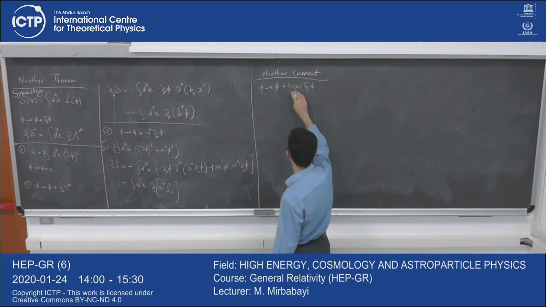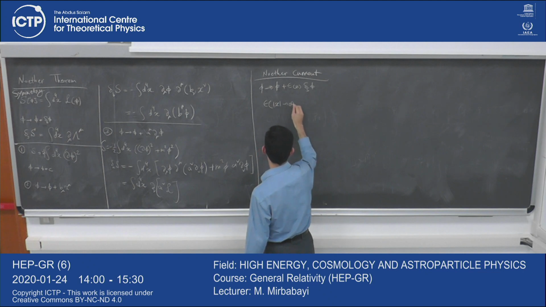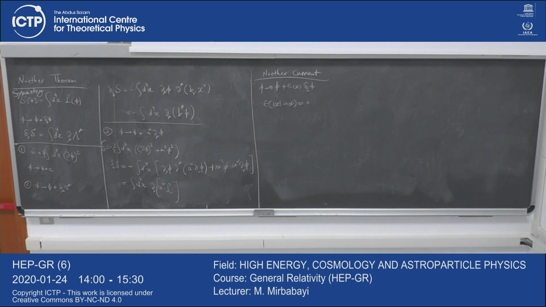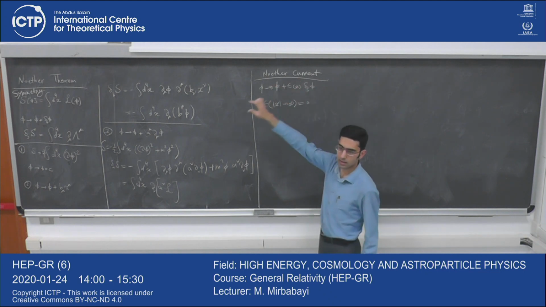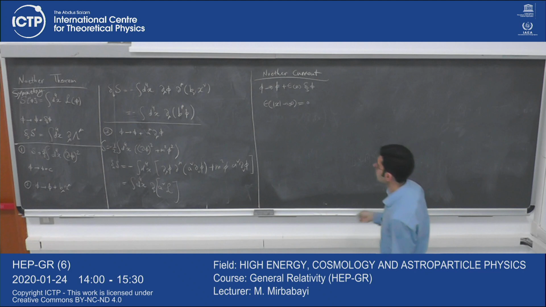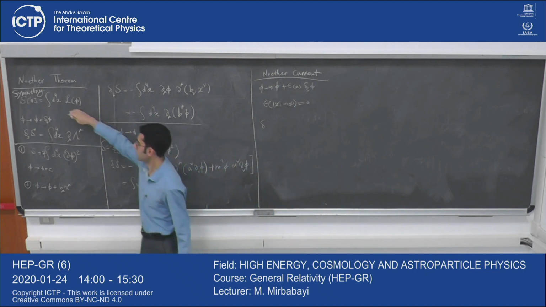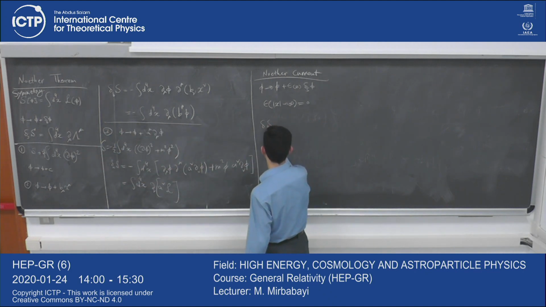This has the following property. I want this epsilon to be localized, so that when x goes to infinity, epsilon is equal to 0. So epsilon is some arbitrary localized function. And we want to plug this into the action. So let's ask what happens if I plug this into that same general action that had the symmetry.